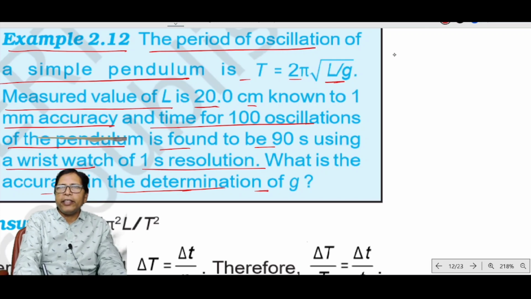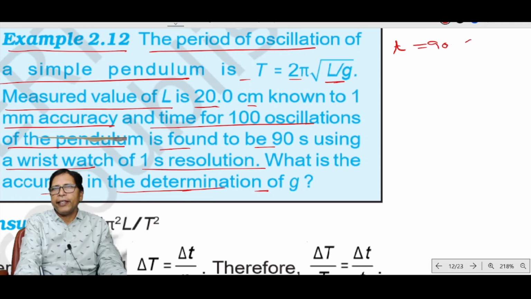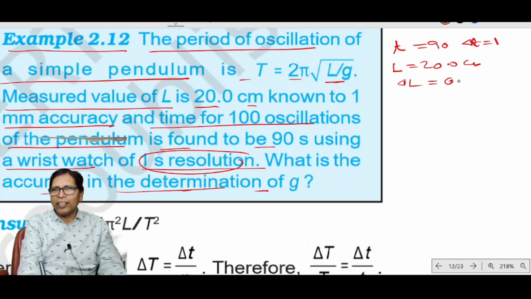Now here the total time is t, so t equals 90 seconds. Delta t equals 1 second because its resolution is 1 second. L equals 20.0 centimeter, and delta L equals 0.1 centimeter.